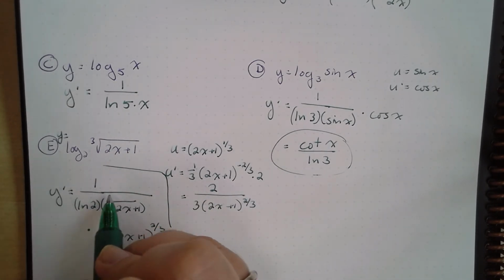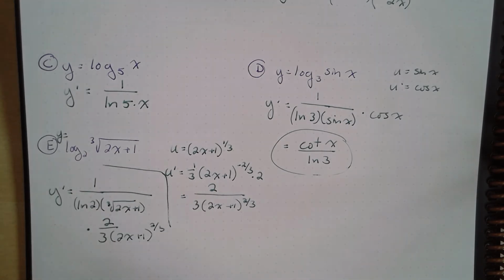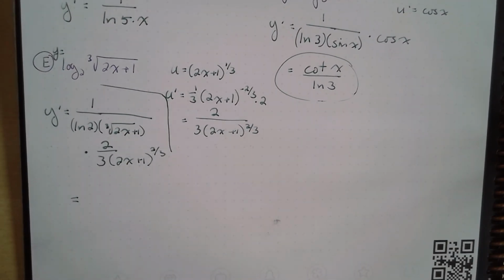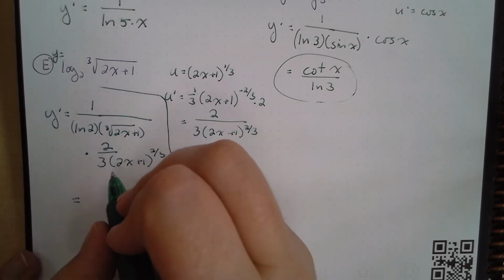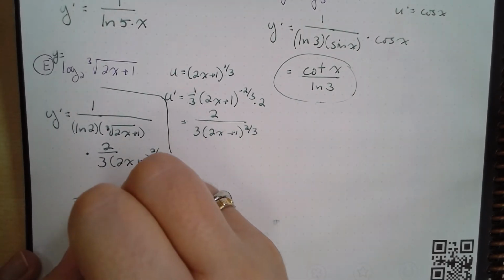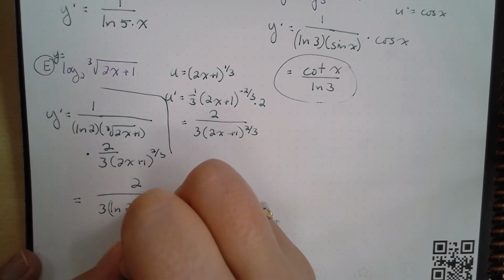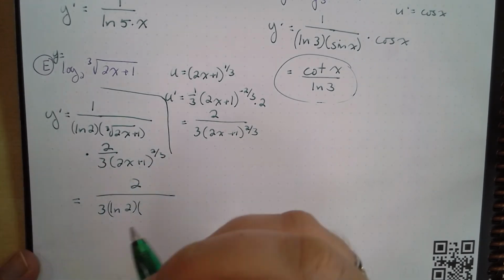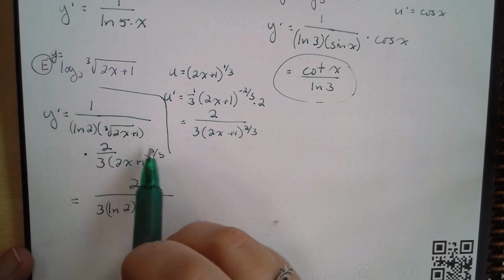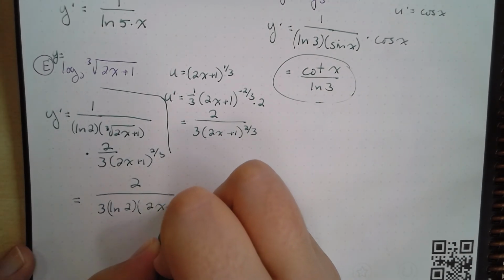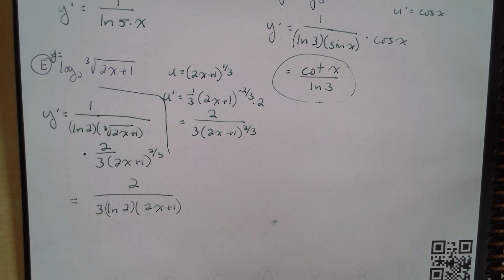Hopefully you can see that these terms here, this and this, are being multiplied. I have more room down here, so I really should have been smarter about this. But our final answer is going to be 2 over 3 times the natural log of 2 times, here I've got 2/3 power times 1/3 power, so I'm just going to end up with 2x plus 1. And that's simplified. Yes, you should be simplifying your math answers. Life is easier that way.